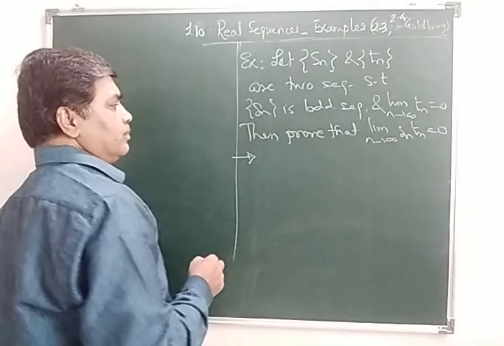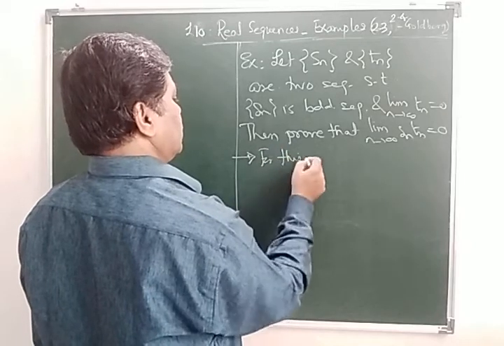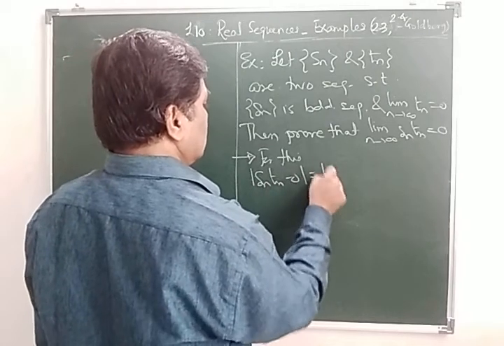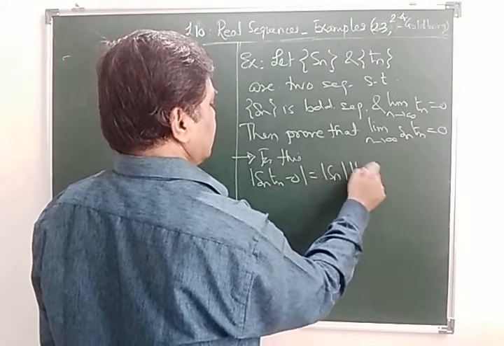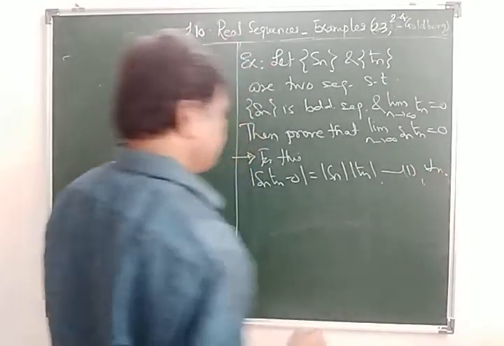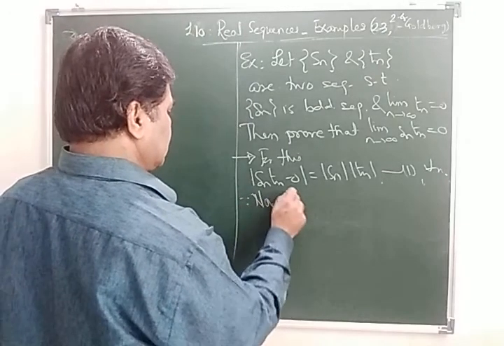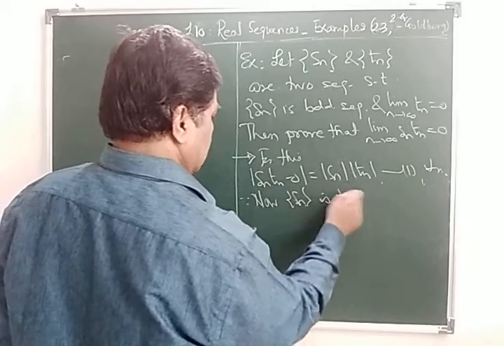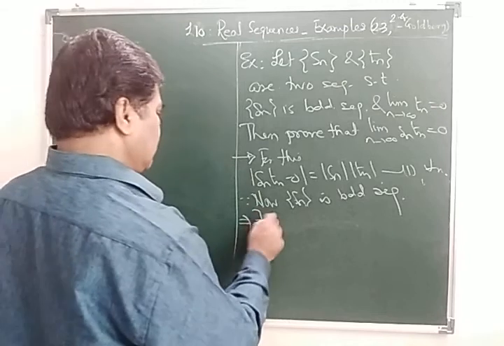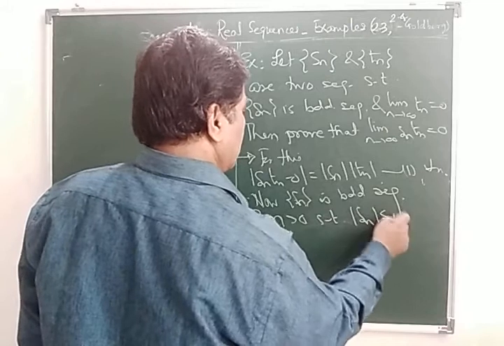Okay. So for this, mod of Sn Tn minus 0 is equal to mod Sn into mod Tn for all n. Now Sn is a bounded sequence, which implies there exists m greater than 0 such that mod of Sn is less or equal to m for all n.